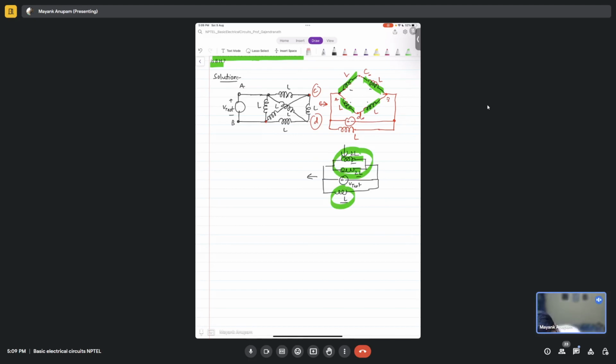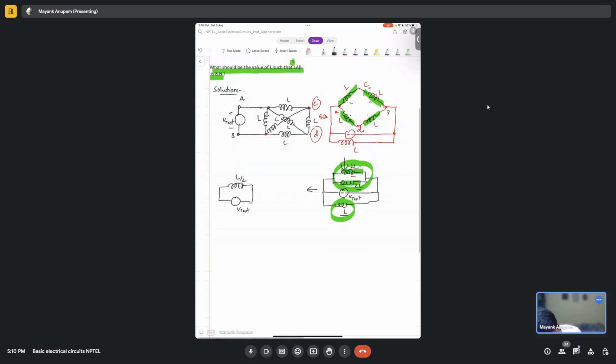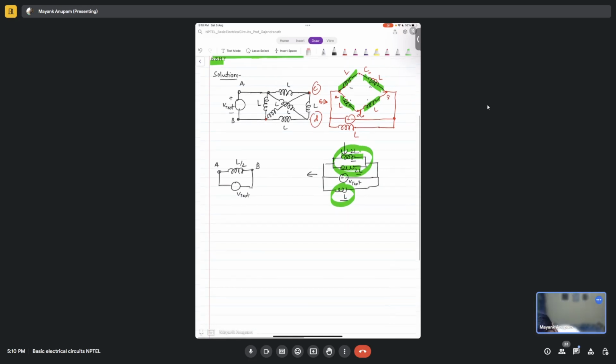So the final circuit should look something like this. You will be having L by 2 here, and this will be V test here. This will be terminal A, this will be terminal B. So what is the equivalent L here? It's actually L by 2.